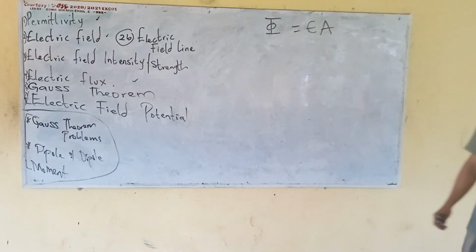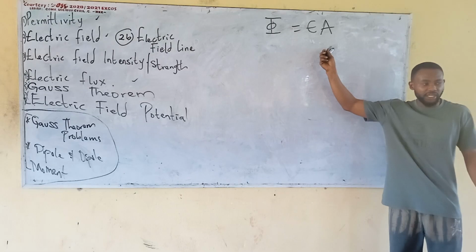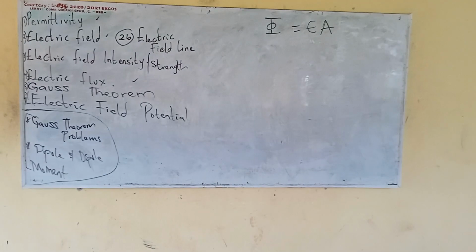Now, do you know that this particular formula I am seeing here is also the same as something I'm going to show you. Just notice that once they ask you for electric field flux, what they are asking is how much electric field is in a given surface, or a given volume, or a given line of charge.